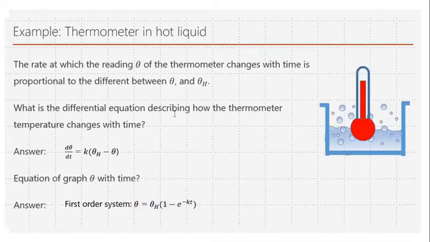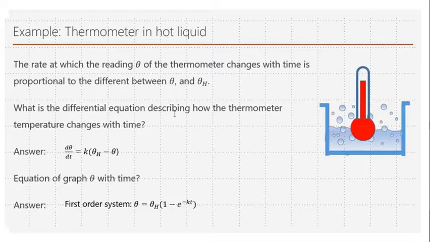Now here another example is described. We have this thermometer, and you can imagine it has room temperature, and then we have a liquid inside a container, and we put the thermometer inside that liquid. So we want to see how that temperature changes, and how we can analyze that change.